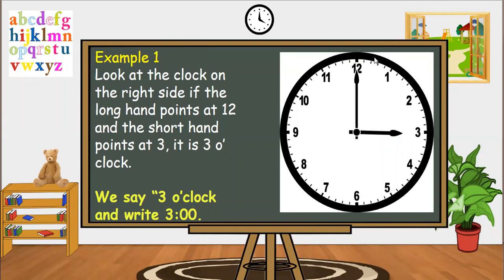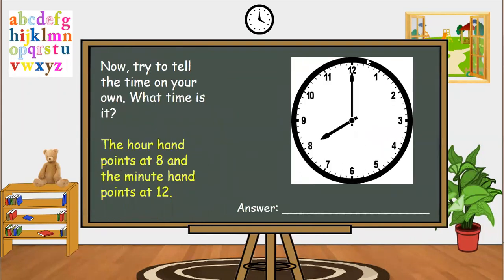Okay, good. Now, let's try this one on your own. What time is it? Look first at the hour hand. The hour hand points at 8 and the minute hand points at 12.